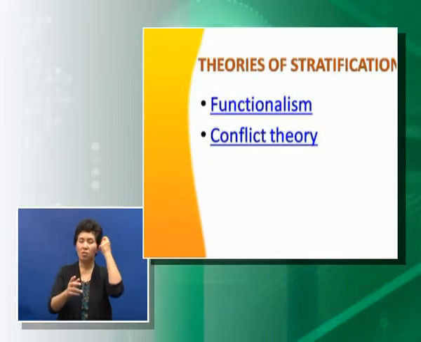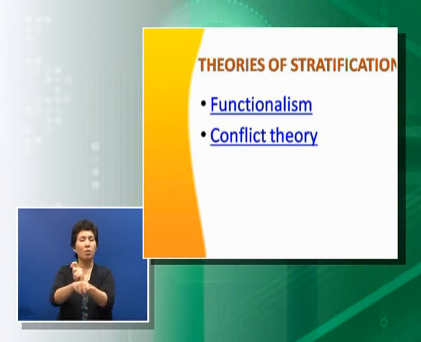In order to understand why social inequality exists, we are going to discuss based on two theories, the theories of stratification: first, the functionalism theory, and second, the conflict theory.